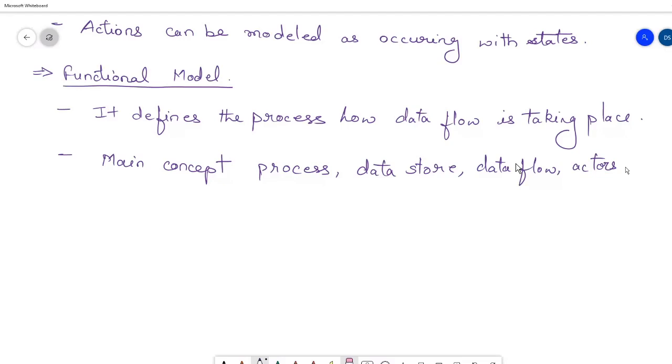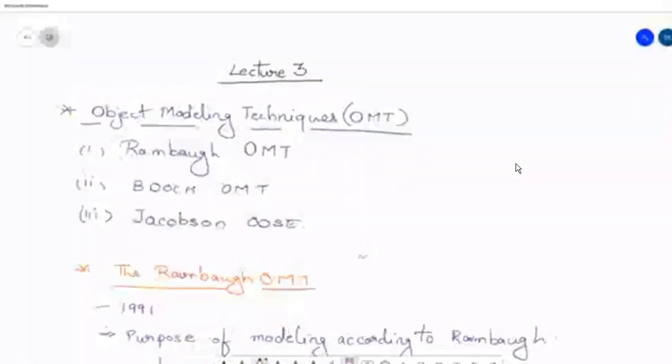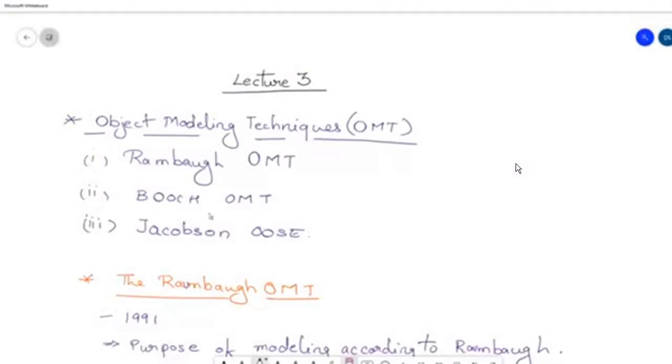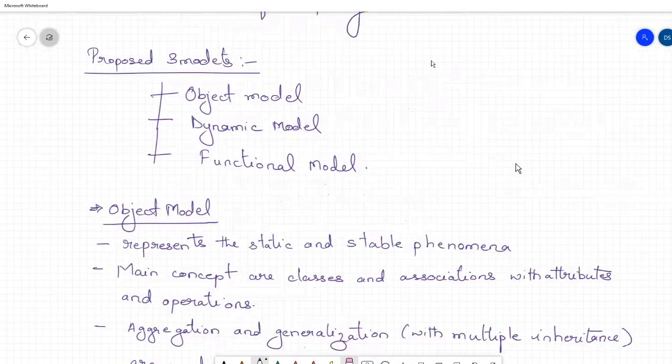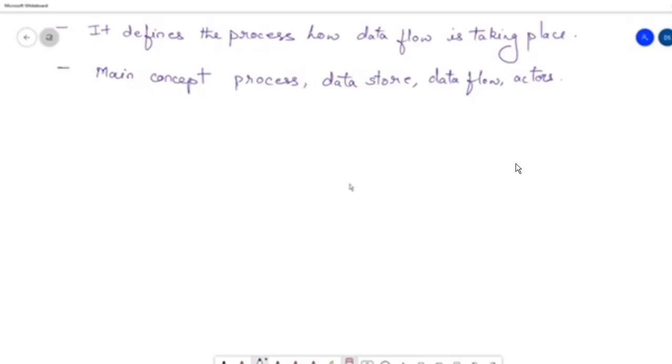Now, the second object modeling technique was proposed by Booch. Okay, Booch. Now let's see what he has to tell us about the modeling techniques.